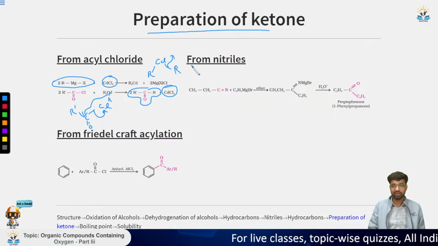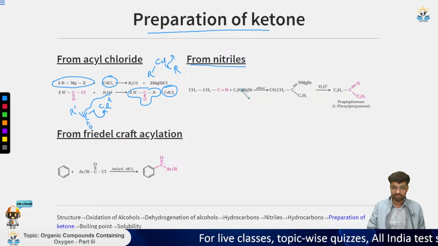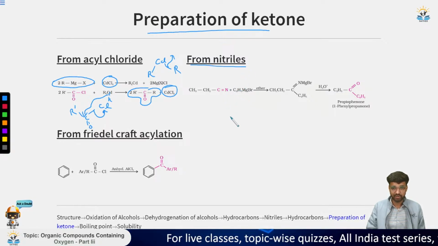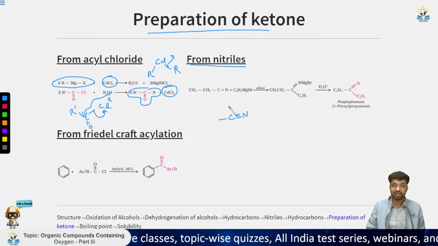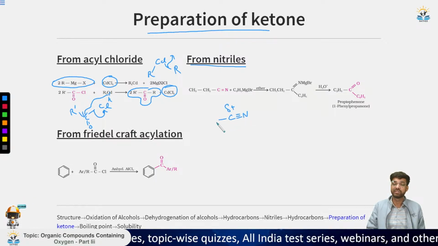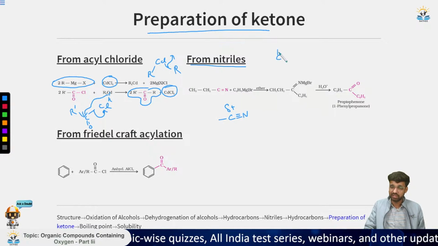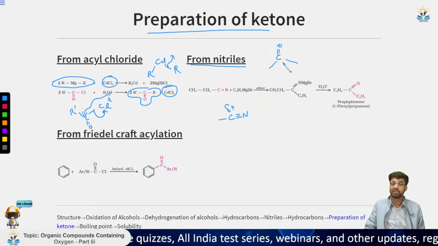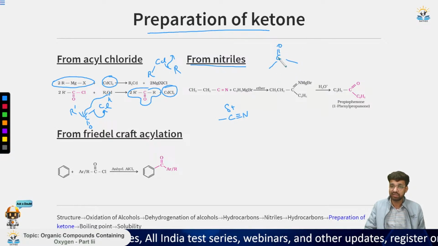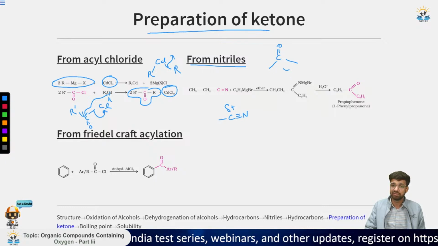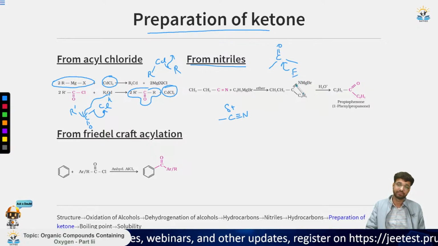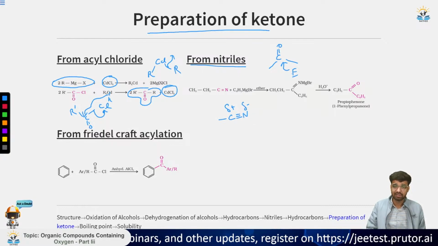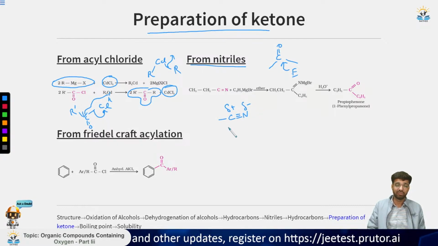Then we can also do it using nitriles. Remember that this nitrile is a very good electrophilic center because it has a delta positive charge. We will see in the next lecture that carbonyl is a good electrophilic center because it has polarity. So a nucleophile can attack here. Similar to that, this nitrile is also a good electrophilic center.